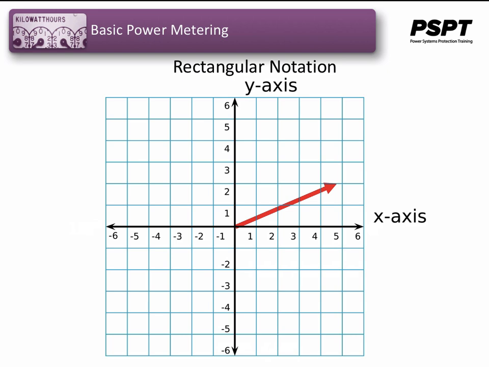Notice that we have not moved the phasor; it has remained in the same position. So you can uniquely describe a phasor in one of those two ways. So there must be a way of translating or converting rectangular notation to polar notation and polar notation back to rectangular notation.